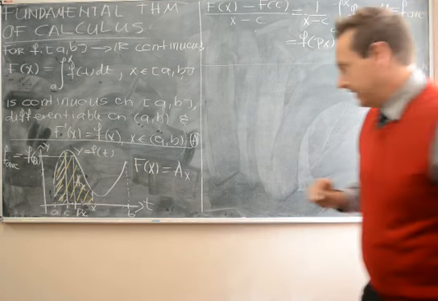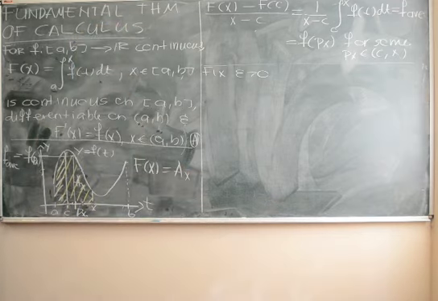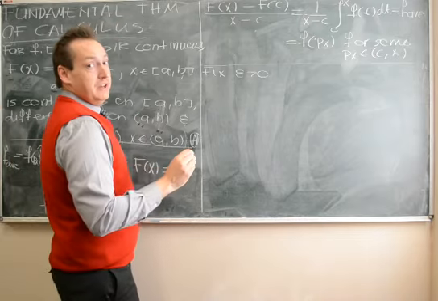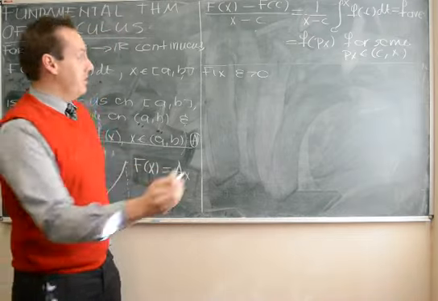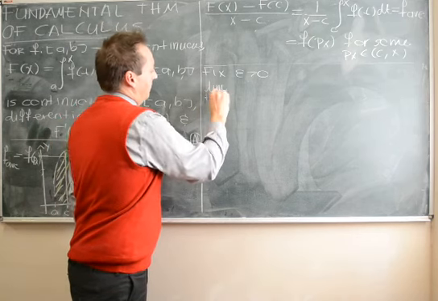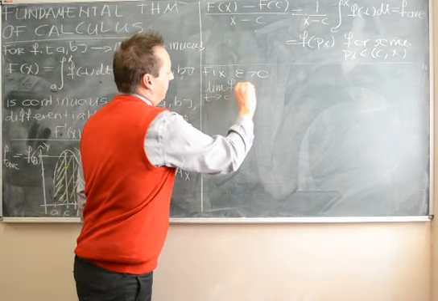Now, to finish off the argument, we need to use the definition of a limit, and there's no way of getting around this. If we take any epsilon bigger than 0, then we know that the limit of small f of t as t goes to c is small f of c, because small f is continuous.